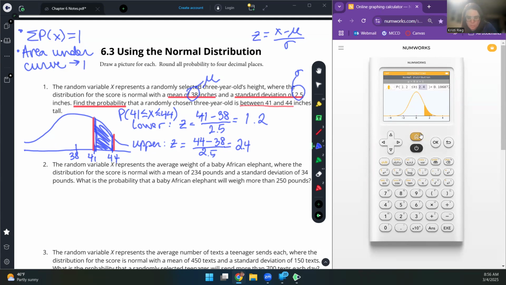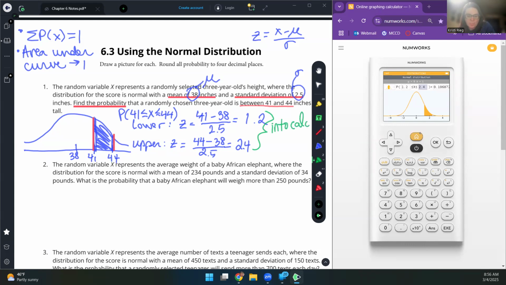And so we get our final answer right here, good Lord, that's tiny, 0.1069 rounded to 4 decimal places. So this goes into calculator.